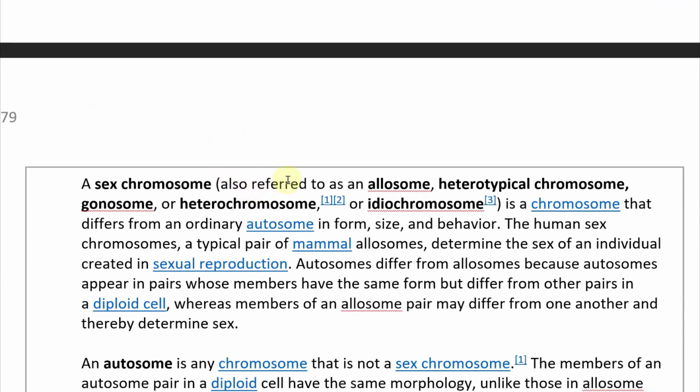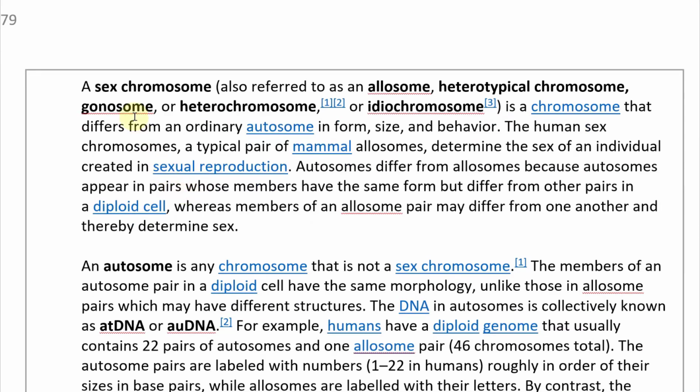So a sex chromosome, also referred to as an allosome or heterotypical chromosome, gonosome, or heterochromosome or idiochromosome, is a chromosome that differs from an ordinary autosome in form, size, and behavior.